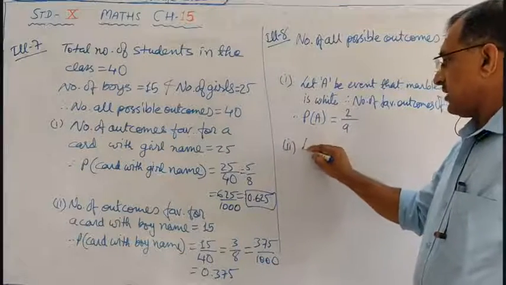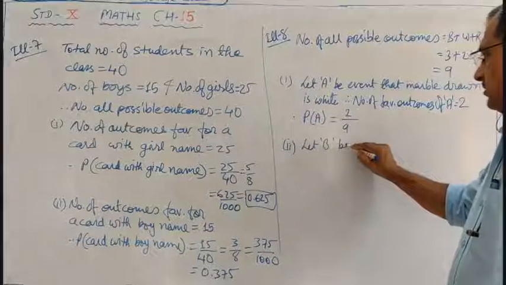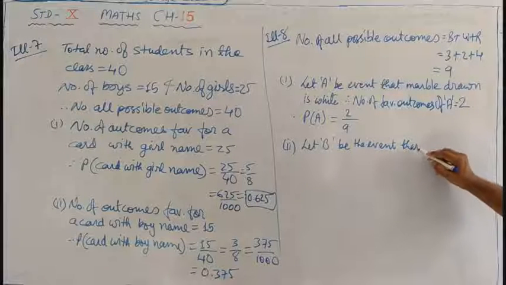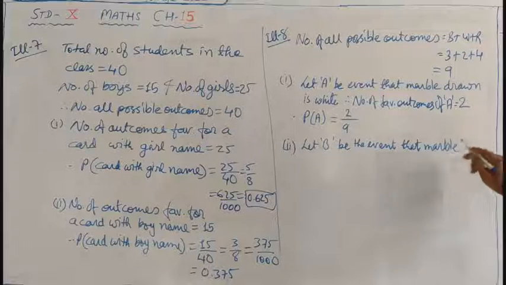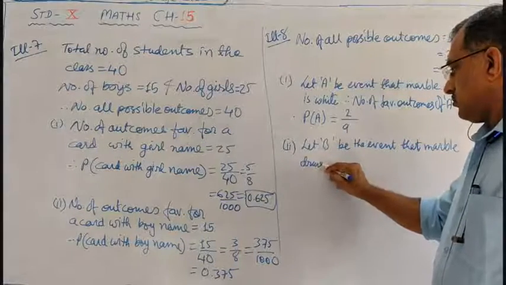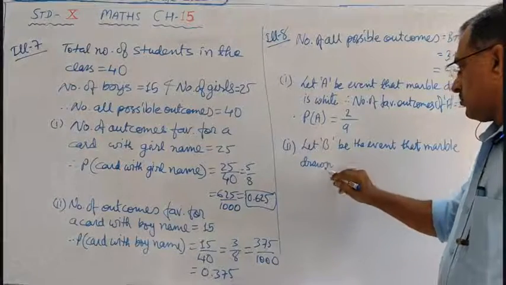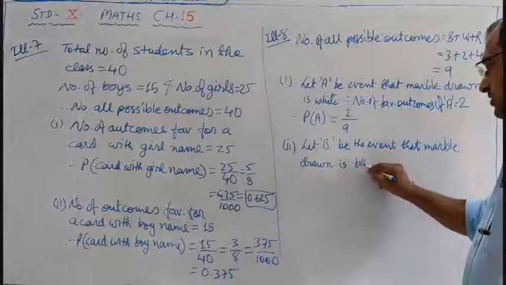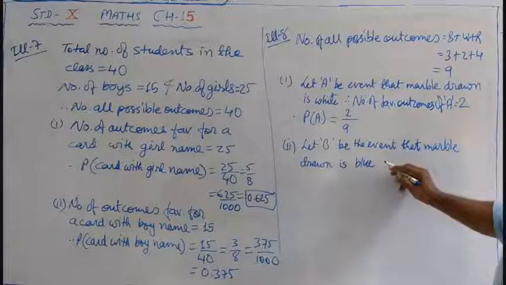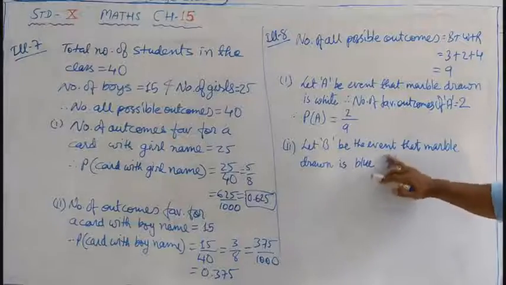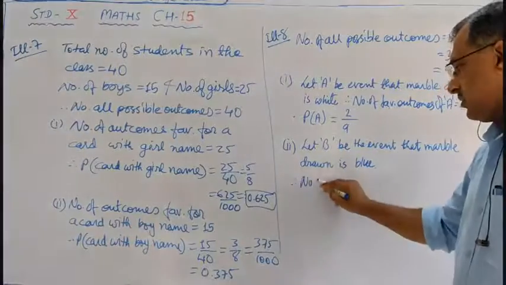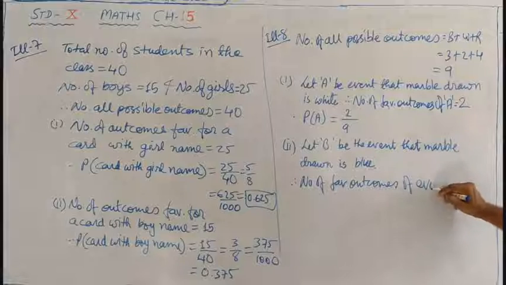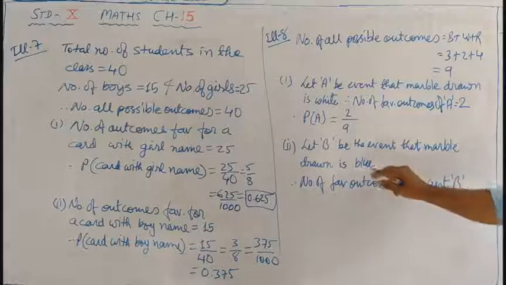Then second part, let B be the event that marble drawn is blue. The question asks that the marble drawn is blue, and therefore the number of favorable outcomes of event B. Here B event is blue.